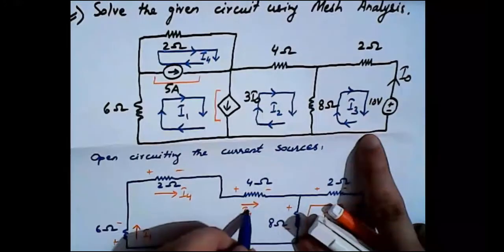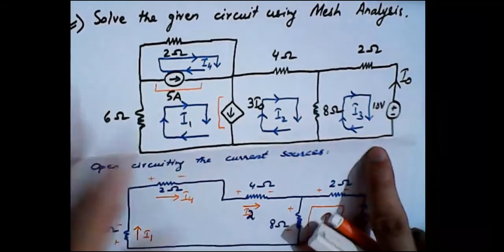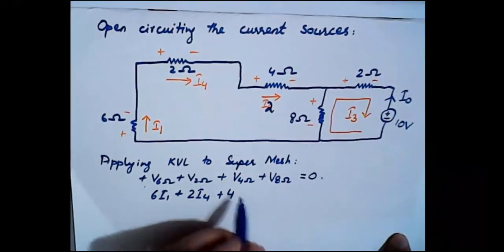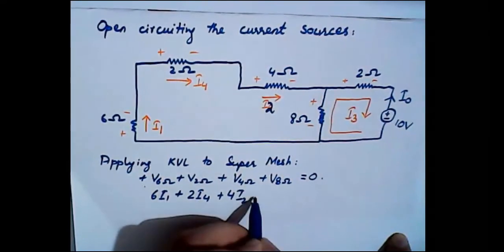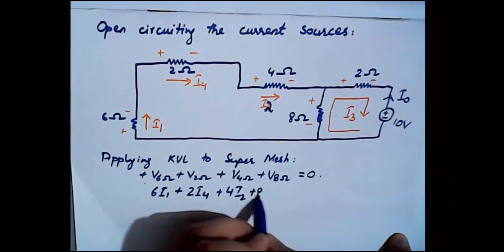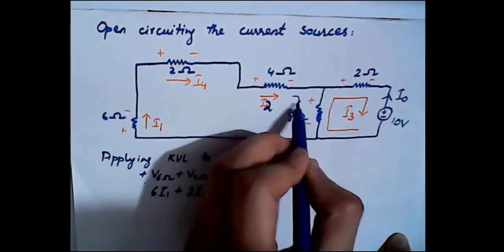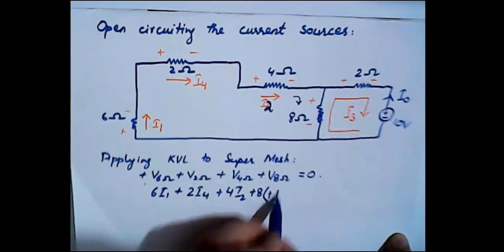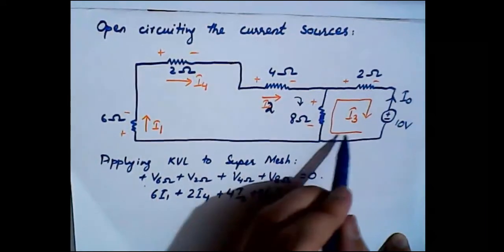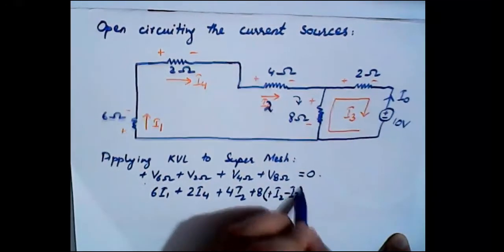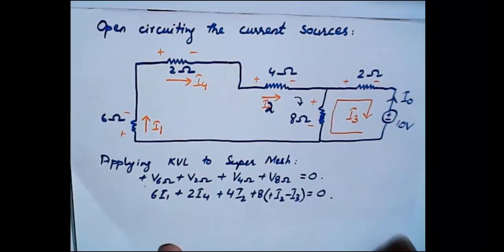I wrote it by mistake, so this is not I4, this is I2. Yes, 4 times I2 plus 8 times, and since I2 current is entering the positive terminal, it will be plus I2 and minus I3. Why? Because I3 current is entering the negative terminal, equals 0.